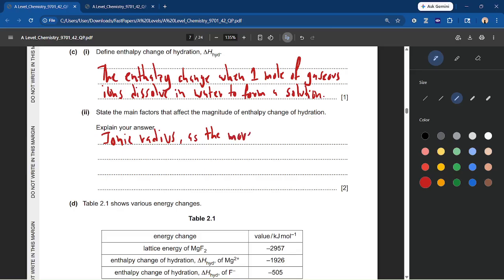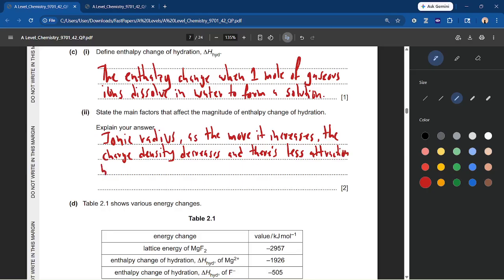The more it increases, the charge density decreases, and there's less attraction between water molecules and the gaseous ions.